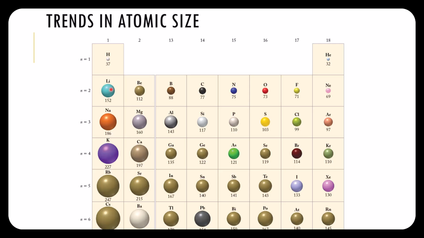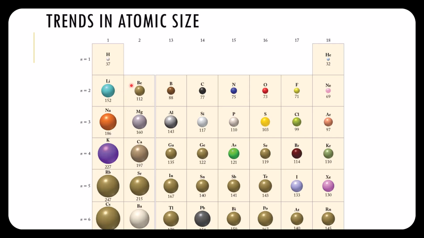So what we see is the nucleus is going to pull, P-U-L-L, or attract those valence electrons a little bit harder and harder as we move across the periodic table. So here with lithium, in that nucleus, we've got 3 protons, and those 3 protons are going to reach out and try to pull those valence electrons a little bit closer to them.